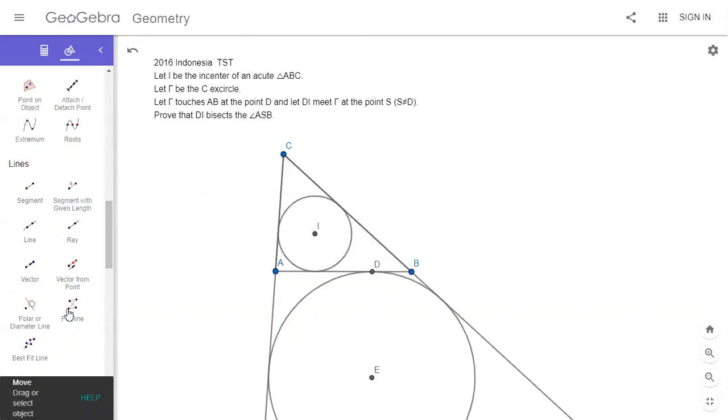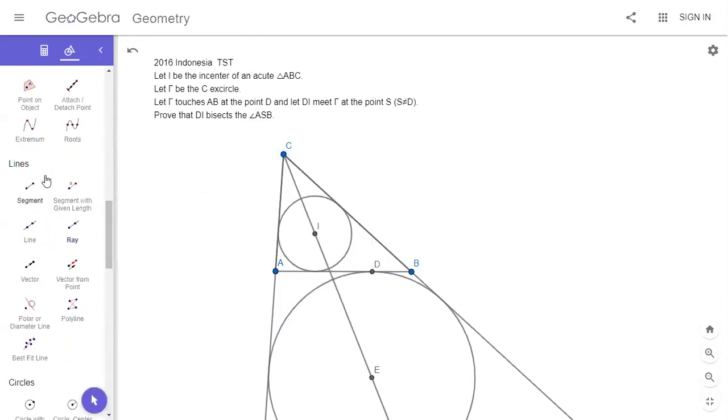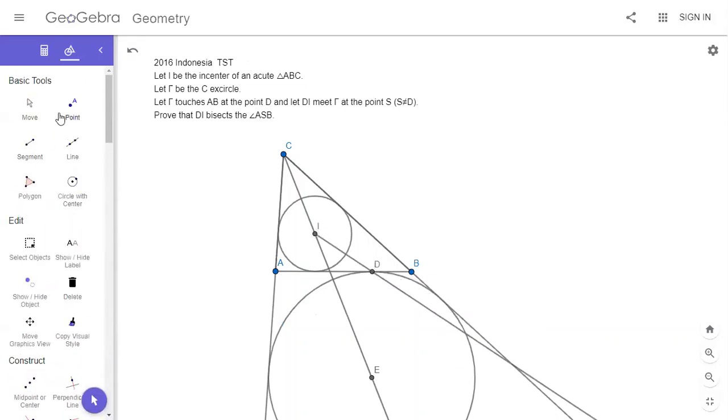Let DI meet the X circle at a point S. That's interesting. So DI meets the X circle at a point S, and we want to show that DI bisects angle ASB.